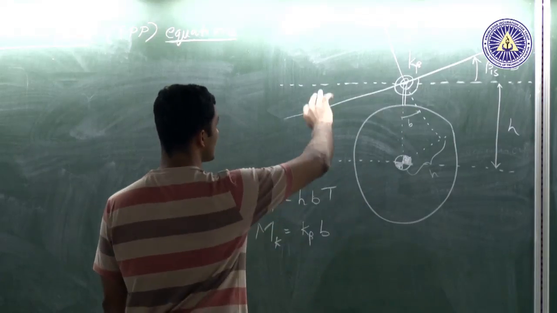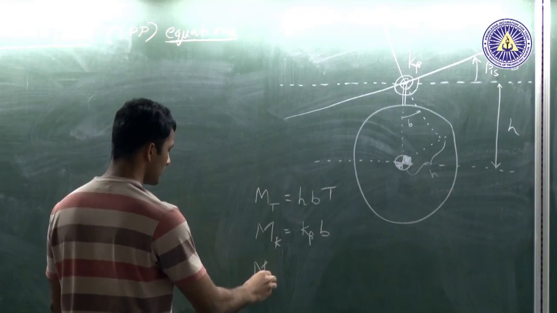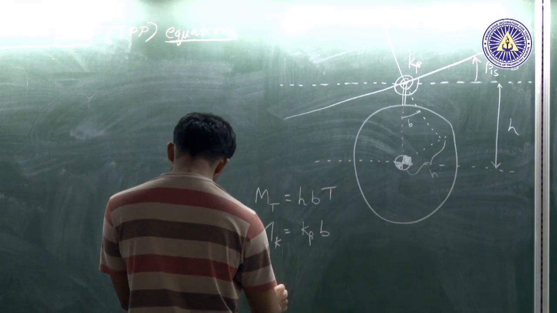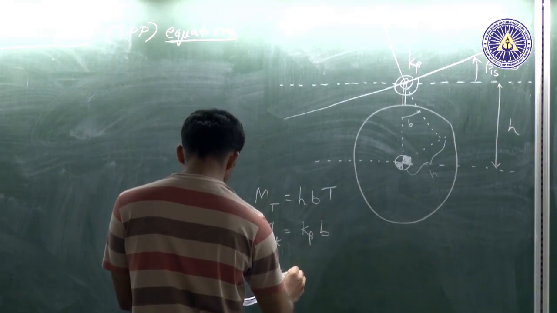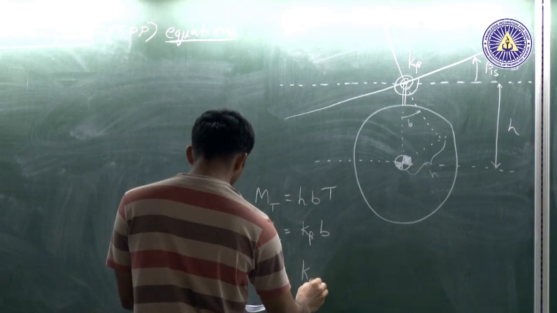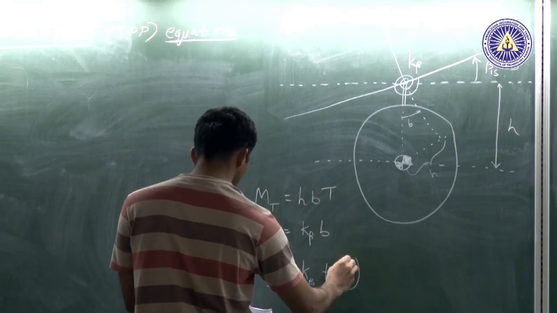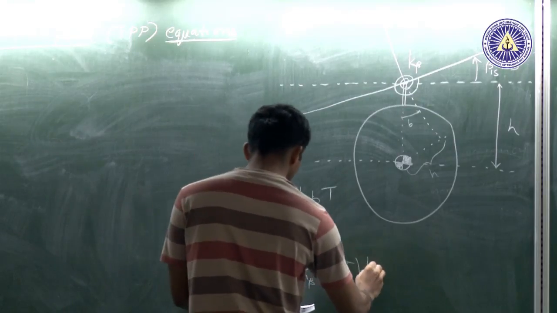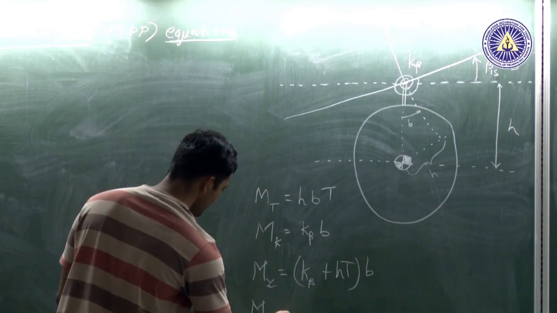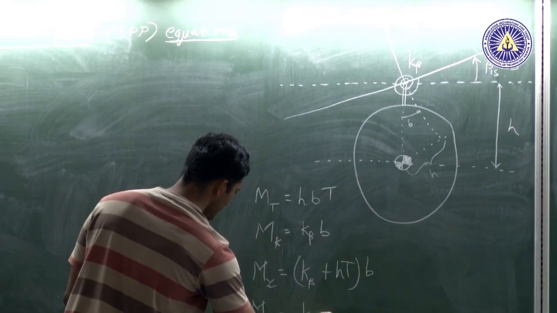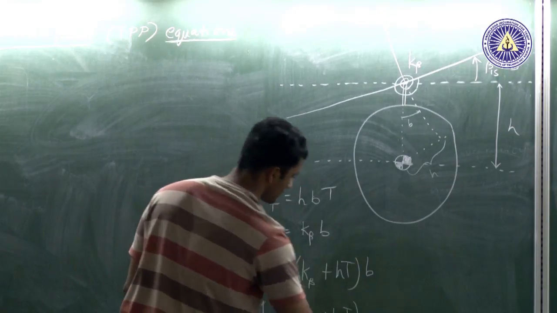So the total moment acting on this fuselage due to this rotor is this plus this, and about the x axis that would be k beta plus hT times b, and about the y axis it would be k beta plus hT times a.